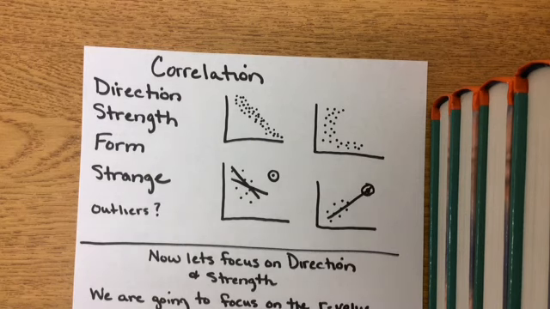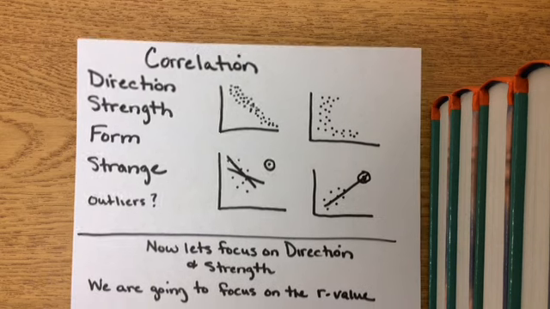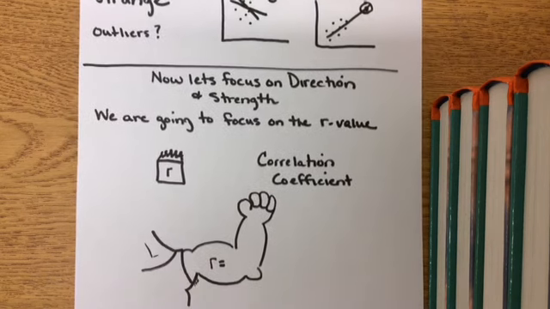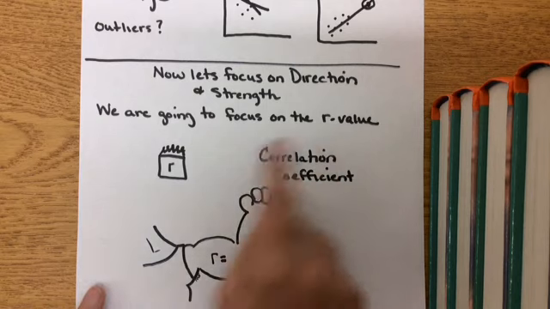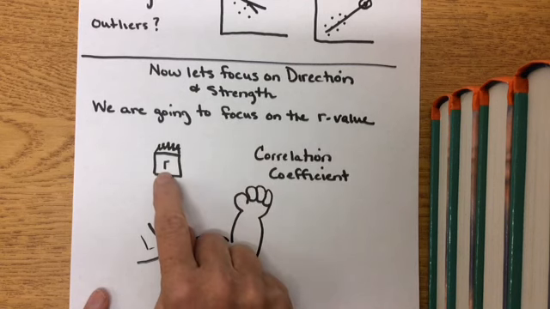The next thing that I want to focus on is direction and strength. We're actually going to talk about something called the correlation coefficient. And the correlation is the R value. Now, don't let the little r fool you.